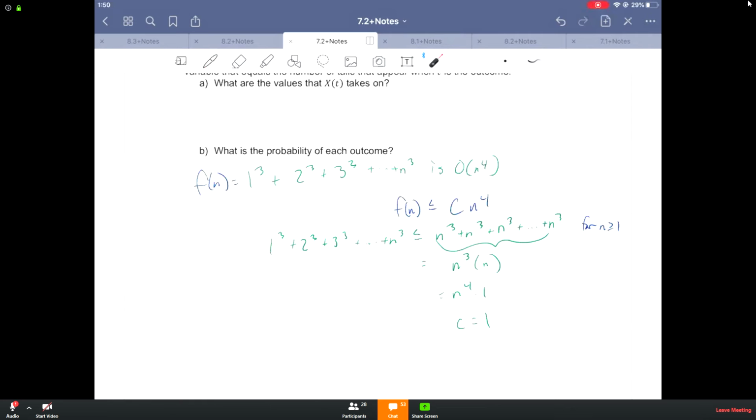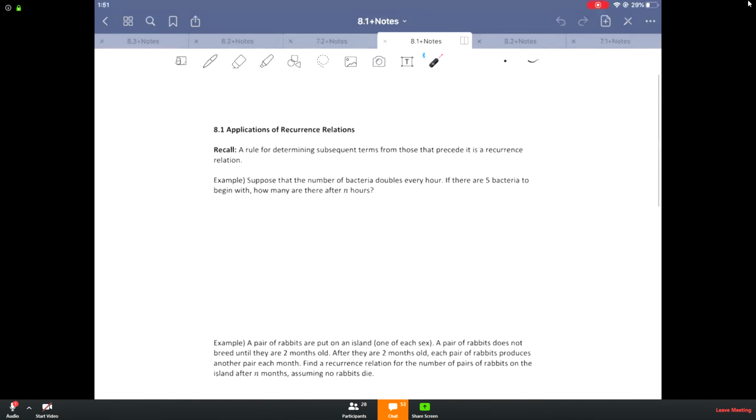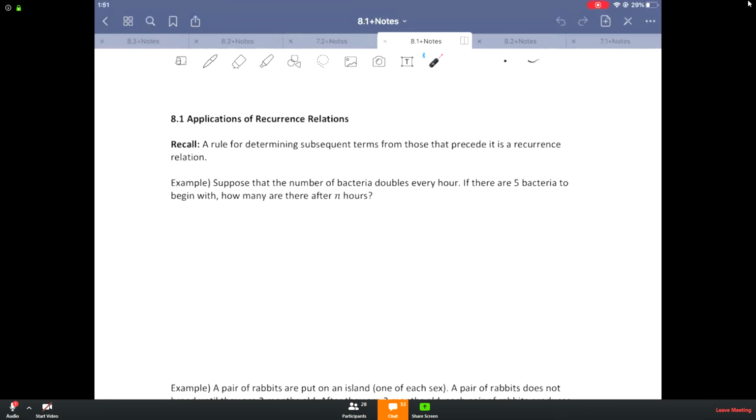All right, so let's move on to chapter 8 then. That was the end of chapter 7. So chapter 8 is looking at the application of recurrence relations, which we've done. Remember, recurrence relations are like the sequences we had before, where the term is dependent on the terms that come before it.